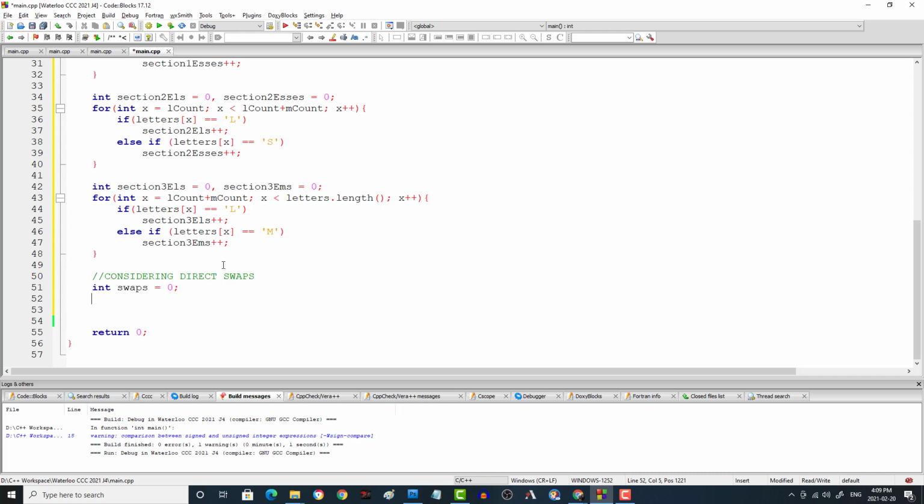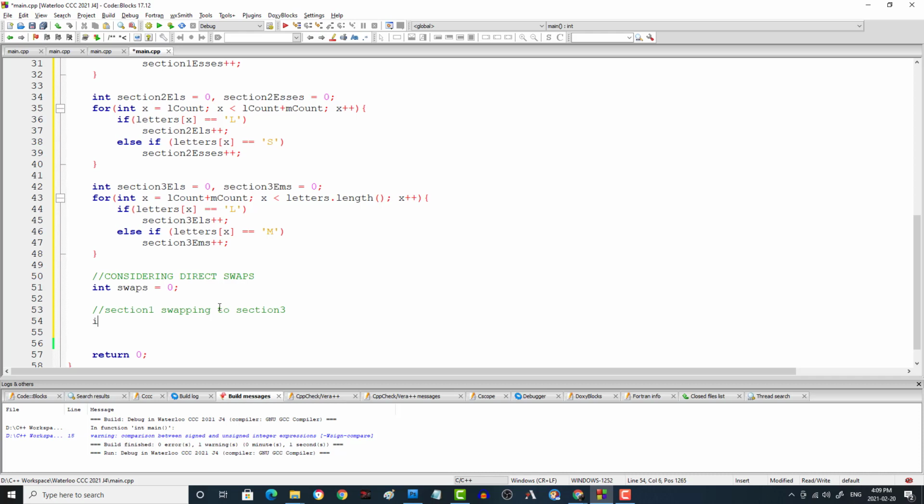Now if we look, let's just consider section 1 swapping to section 3. Okay, so that's if there's any S's in the L section and there's L's in the S section, then we can swap them over.